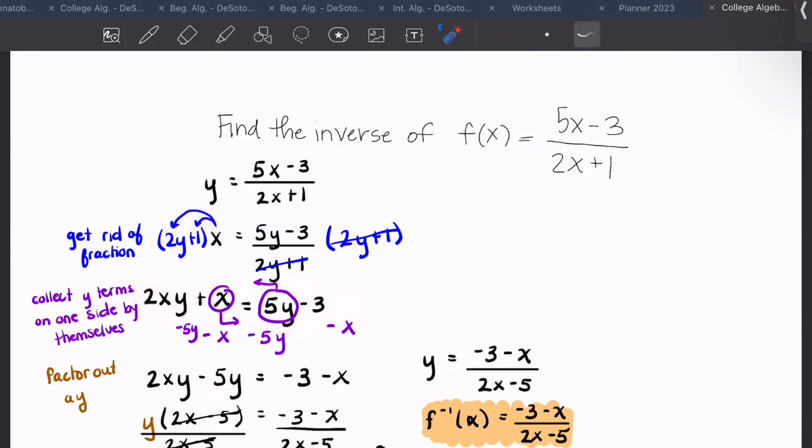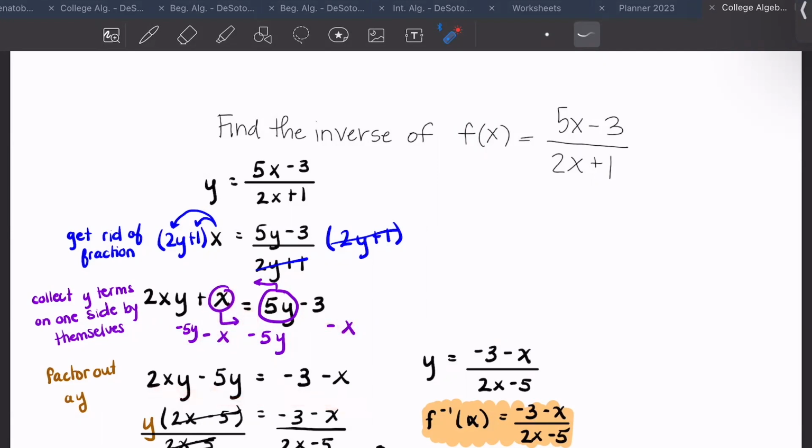Now you need to collect your y terms on one side by themselves. So whatever doesn't have a y in it needs to go on the other side, and your y's need to go on the same side. So I moved this 5y over by subtracting 5y from both sides. And I moved this x over to the other side by subtracting x from both sides. And so I got this line.